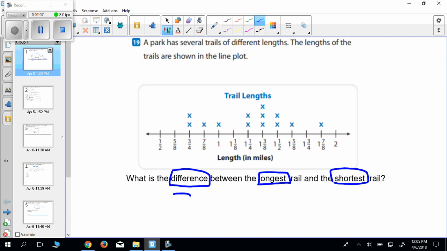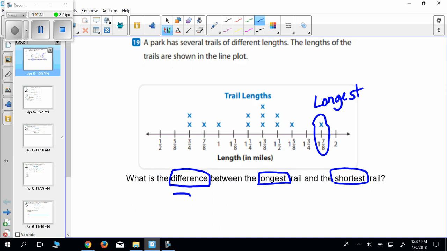Now, when it's telling you that there is a difference needing to be found between the longest trail and the shortest trail, you're looking for the farthest that you can go to the right that has an X. So for us, the longest trail is here.